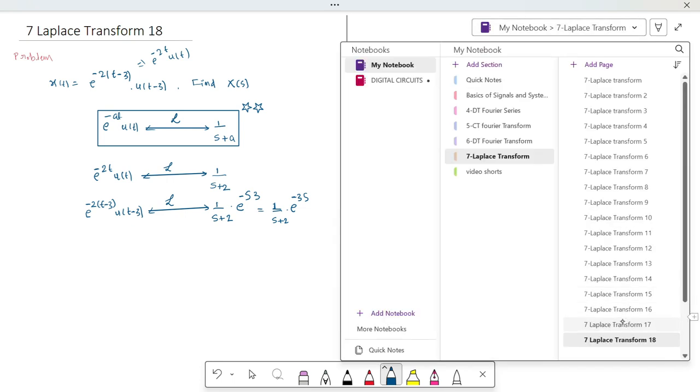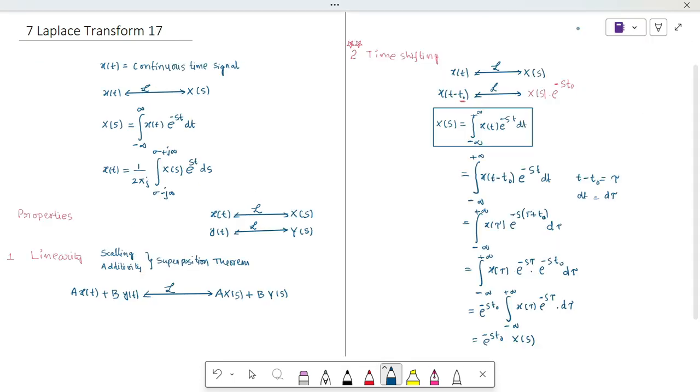Now, I want to explain the time shifting property in continuous time. In the continuous time Fourier transform, the signal x of t has transform x of j omega.